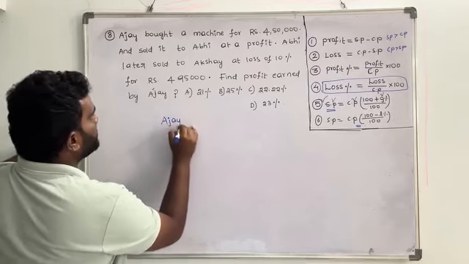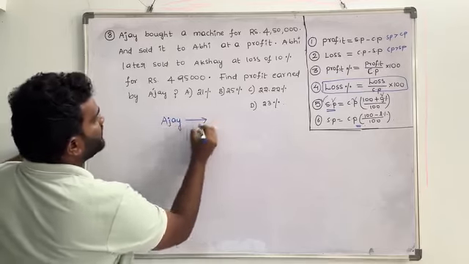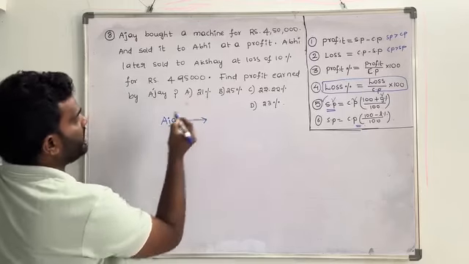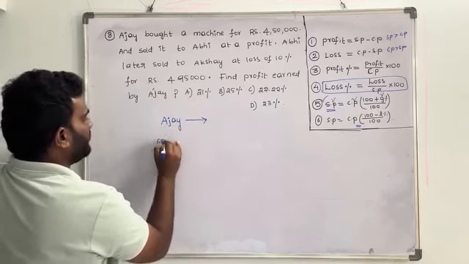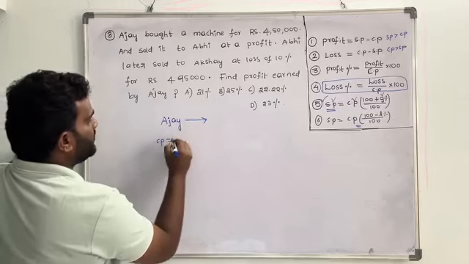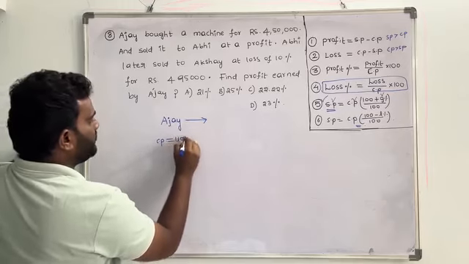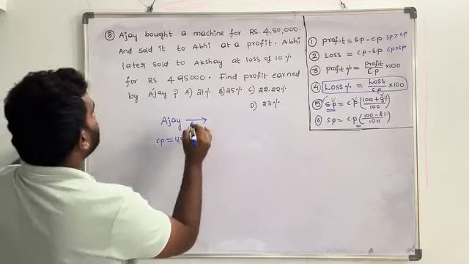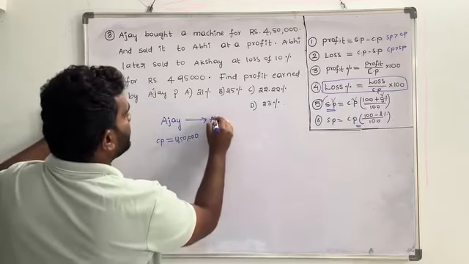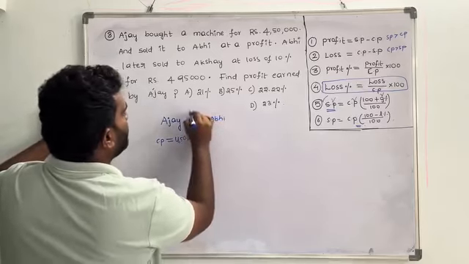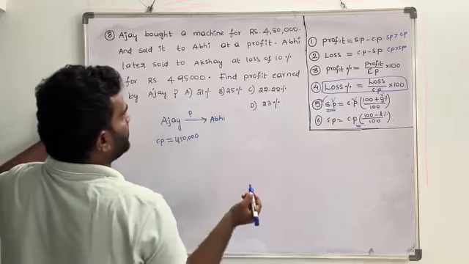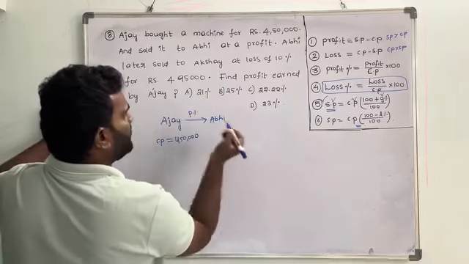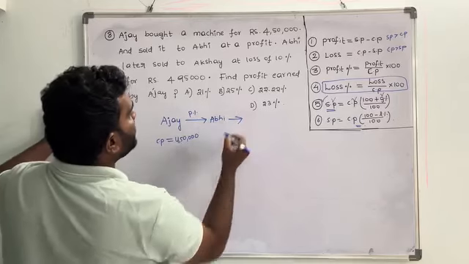Ajay bought a machine for rupees 4,50,000, which means cost price. Bought means cost price for Ajay, how much? 4,50,000. Okay, and he sold it to Abhi at a profit. We don't know what that profit is, at a profit percentage. Then what did Abhi do?